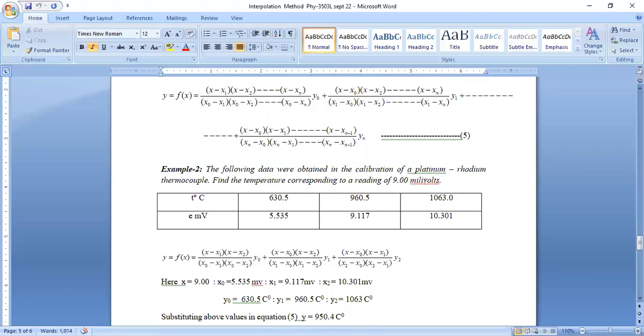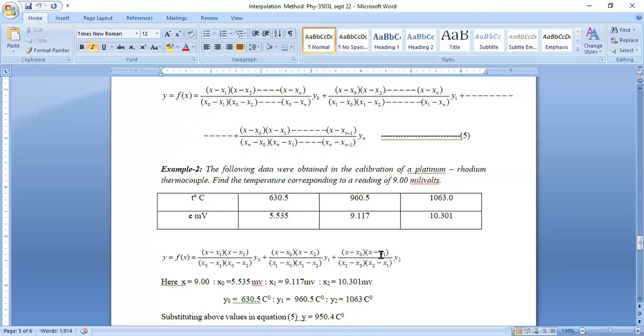Wherever X appears, you write 9. X0, X1 and X2 are known to you, and Y0, Y1 and Y2 are known to you, so put in the values of Y0, Y1 and Y2.